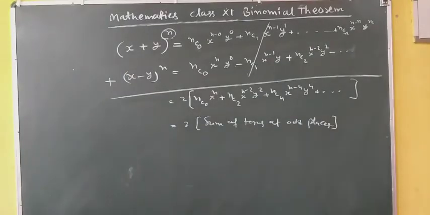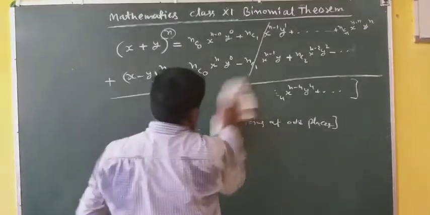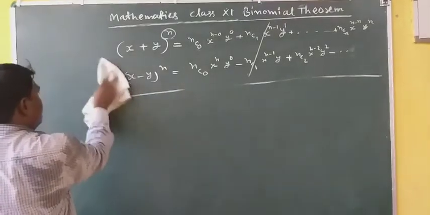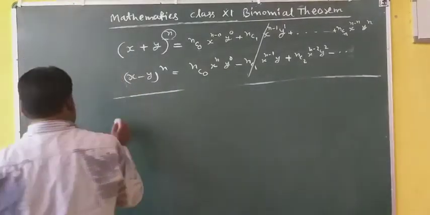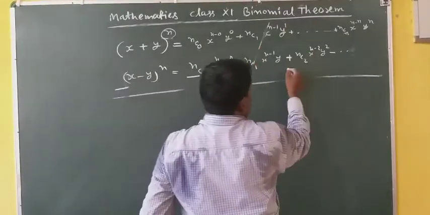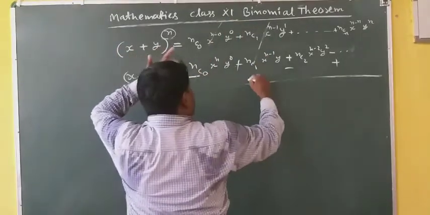But if you subtract, then see what you will get. This will become plus, this will be minus, and this will be plus. So this will cancel out, this will remain left.